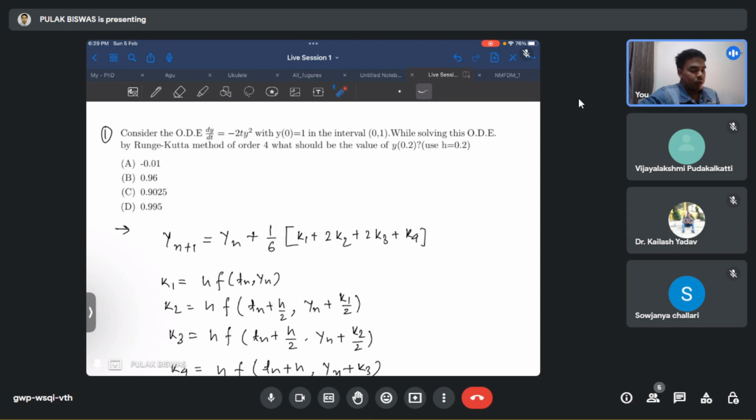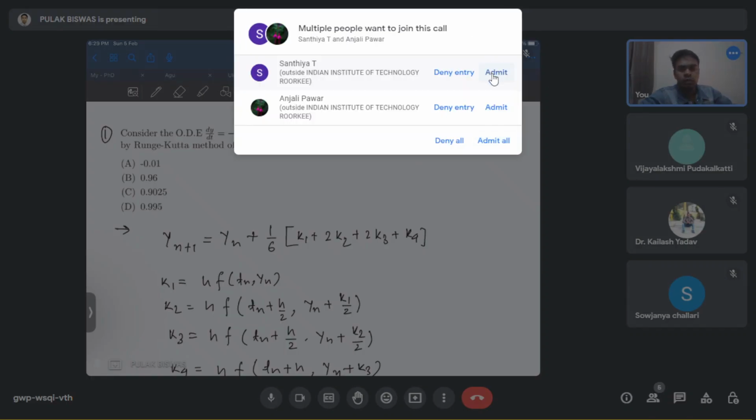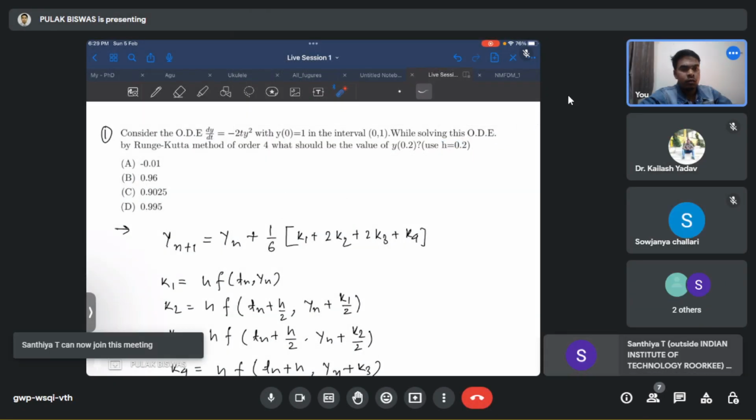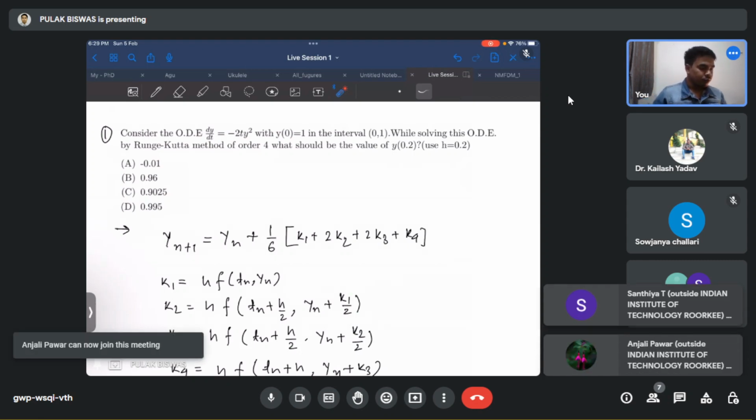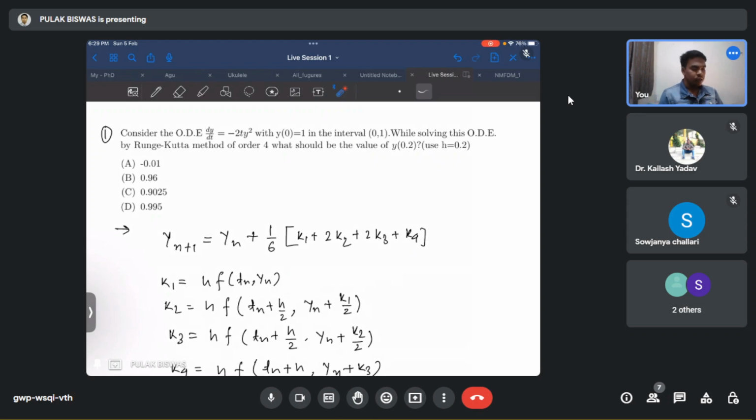So now we have to use the Runge-Kutta method of order 4, fourth order, to calculate the value of y at 0.2. We have to use h as 0.2. As I have shown, the formula for the Runge-Kutta fourth order method is like this.